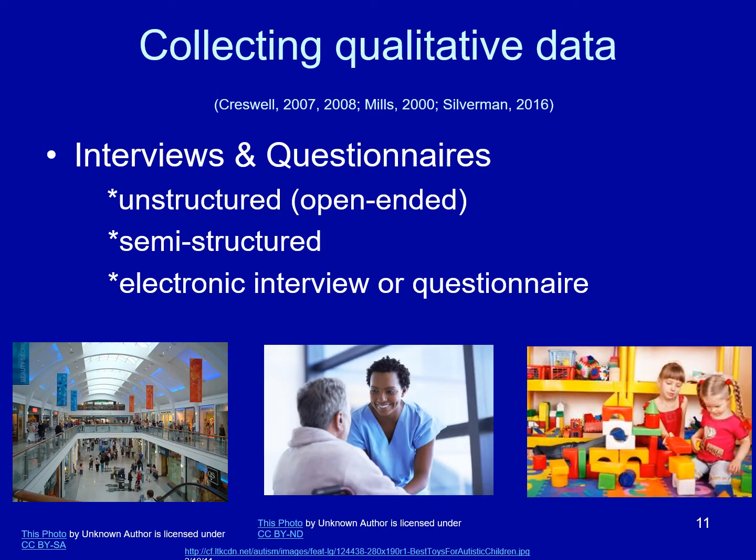Now, if we look at the types of instruments we can use in qualitative data, whether it be interviews or questionnaires. If we look at interviews, we can have what is called unstructured or open-ended, and these are basically like open-ended conversations. More typically, what we see in qualitative research nowadays is what is called the semi-structured interview.